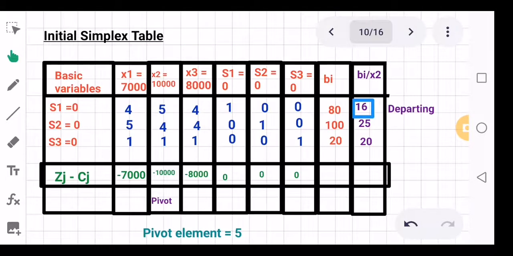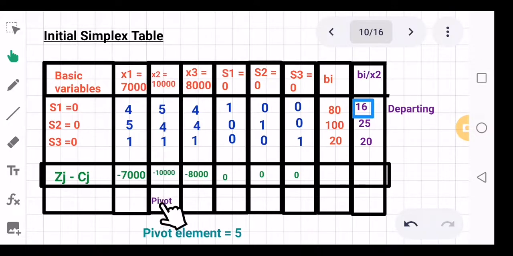Now what is the one which is entering? The pivot column is also called the entering column. In the pivot column, what is the variable that you can see? That is x2.